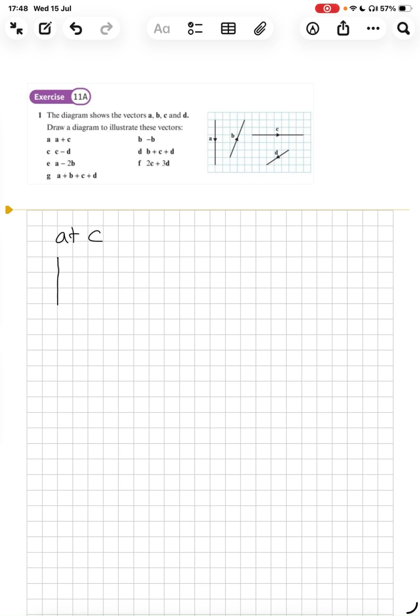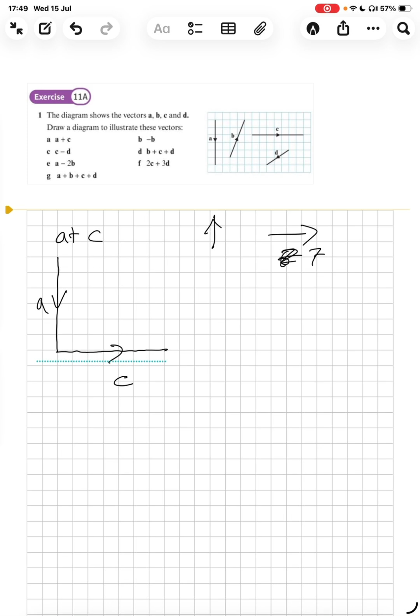So as you can see, a is 6 down. This is a. In our diagram up here, a goes down 6. Then we do c. So a plus c is a, then c. C is across 7. So now we go down 6 and we go across 7.